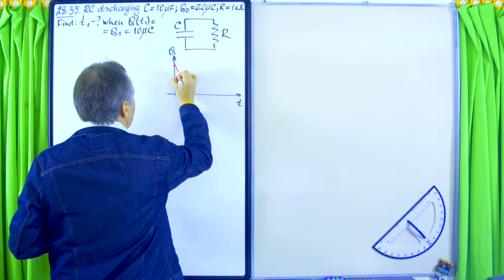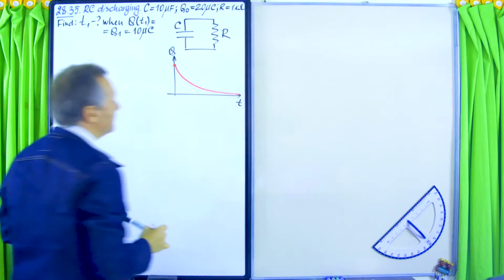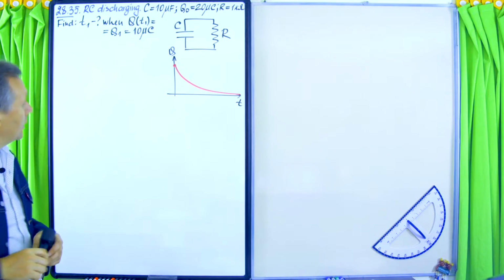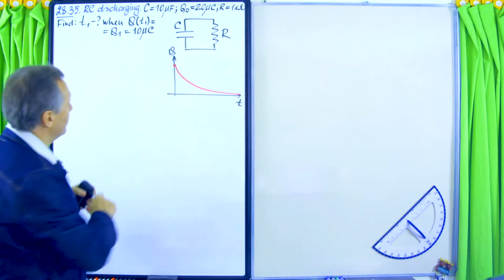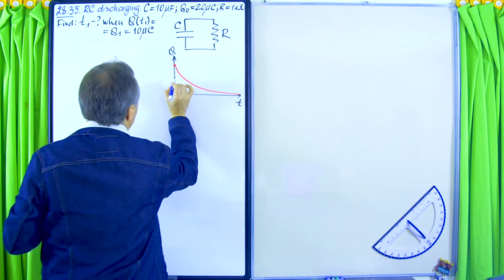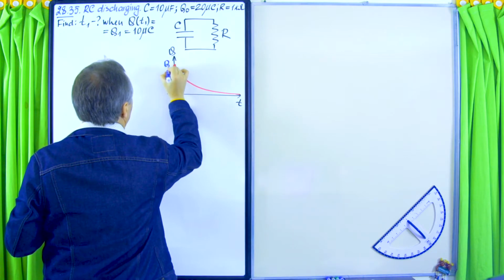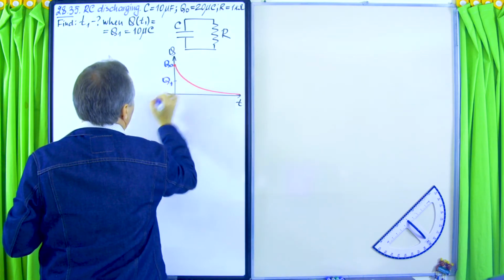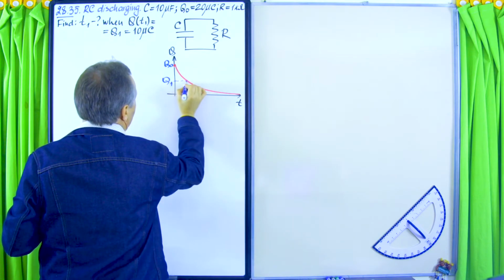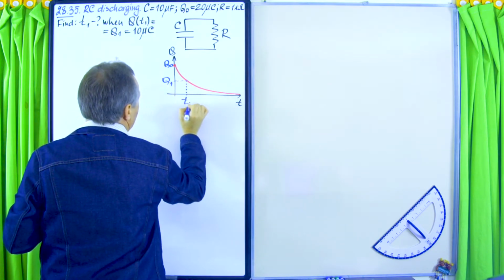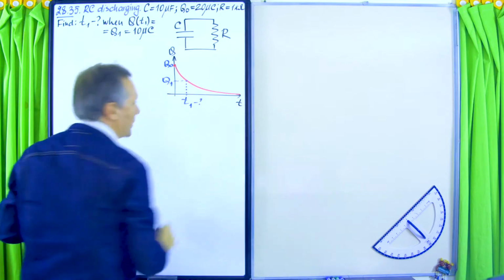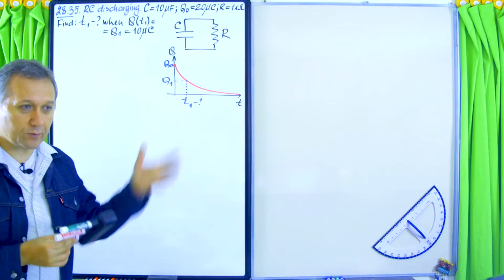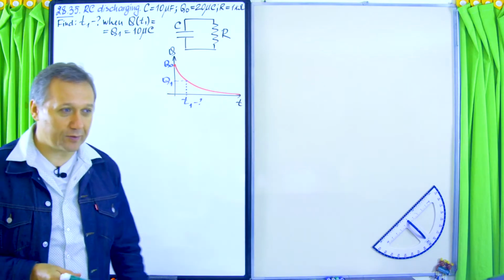It decays exponentially, something like this. This is Q naught, this will be Q1, halfway down. We need to find this moment of time, T1, when charge is reduced by a factor of 2. That's what we need on the plot.